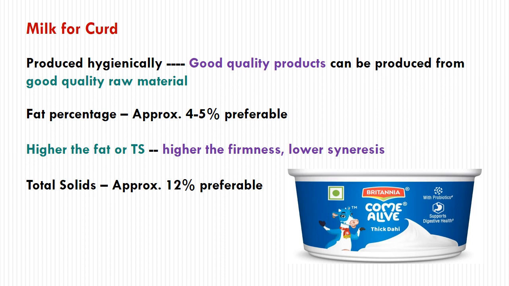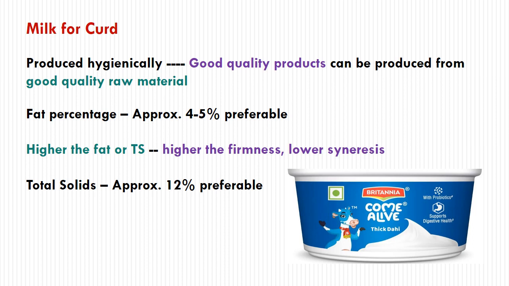The milk should be produced hygienically, and good quality products can be produced from good quality raw material. So if we have to make good quality curd, the milk should be good and hygienically processed, because it has to maintain a uniform quality for everyday production. The fat percentage should be approximately 4 to 5%, and the higher the fat or total solids, the higher the firmness and lower the syneresis.